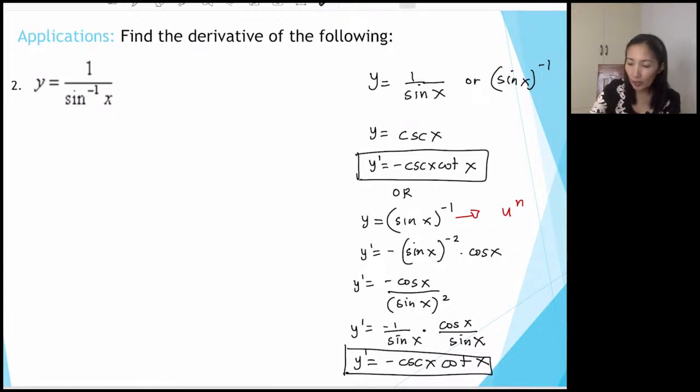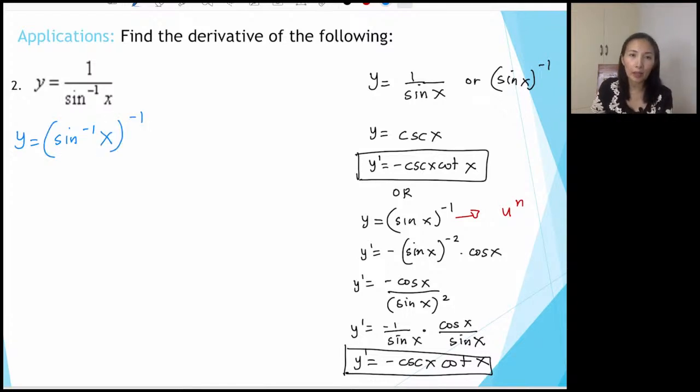We can also express 1 over arc sine of x as arc sine of x raised to negative 1. So this is also of the form u to the n.